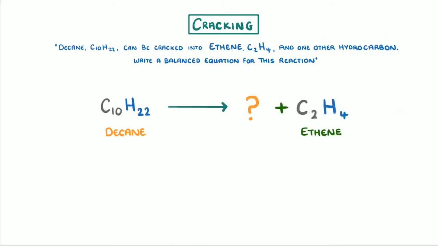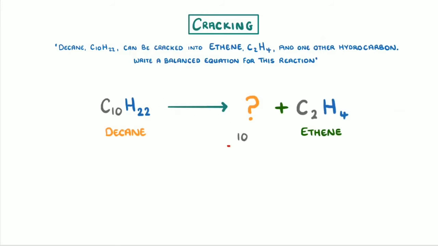Then all we have to do is work out how many carbons and hydrogens our unknown alkane must have. To do this, we just take away the number of carbons and hydrogens of our known product, ethene, away from our reactant, decane. And whatever's left is the number of carbon and hydrogen atoms our unknown alkane must have.